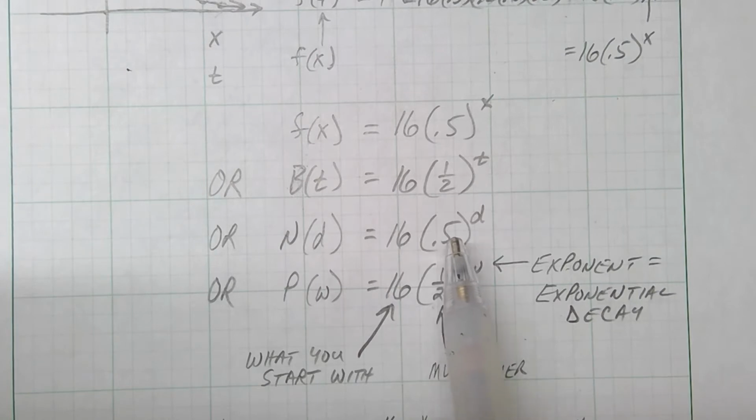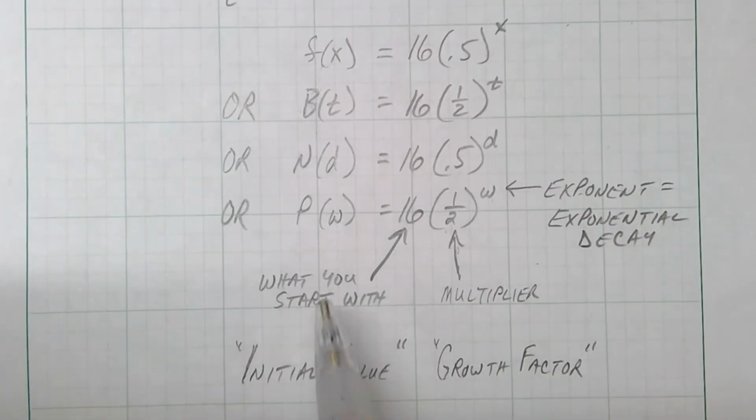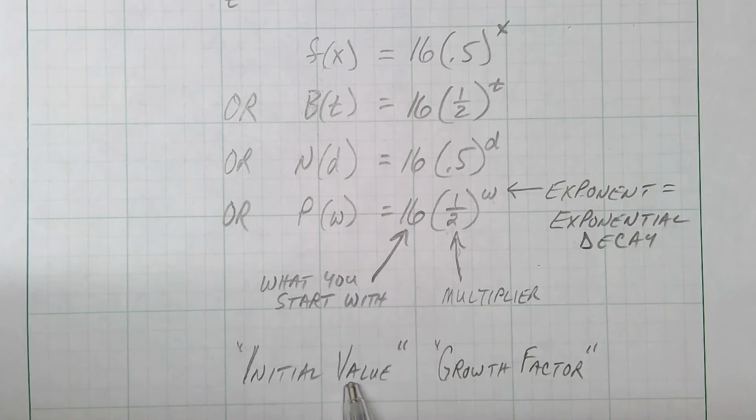Another way to look at it is if you're multiplying by anything less than 1, it's going to make the 16 smaller. 16 times 1 would be 16, but 16 times anything less than 1 will make 16 smaller. All right, and again, 16 is your initial value formally, and using more formal verbiage, 1/2 is, I call it the multiplier, but its official name is the growth factor, the number you're multiplying by.